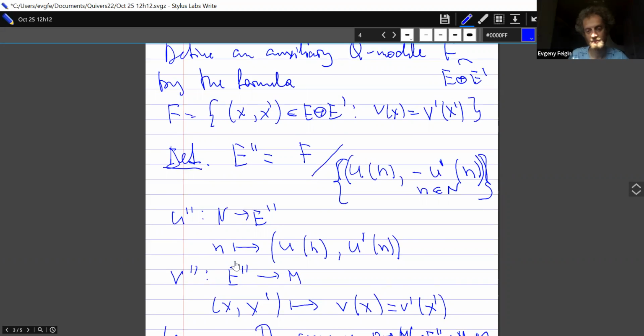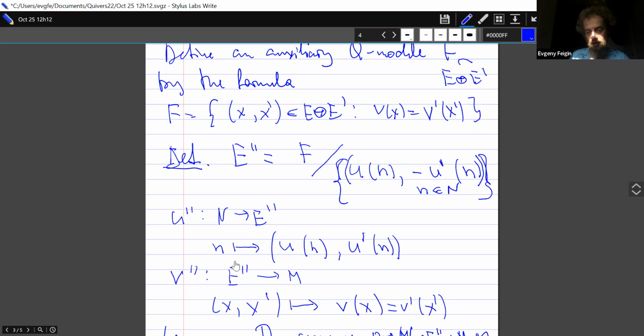So v of x has to be mapped to the image, where e is our psi and e prime is our trivial extension, and v prime of x prime is just some given element, the first component of x prime. So we just look at those x's which are mapped to a given element in M1.